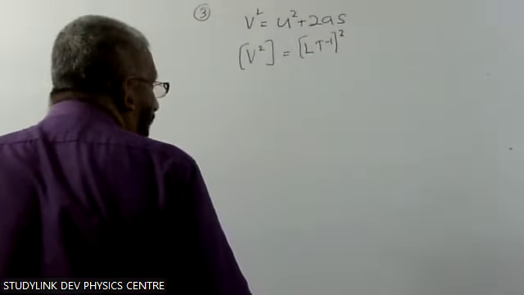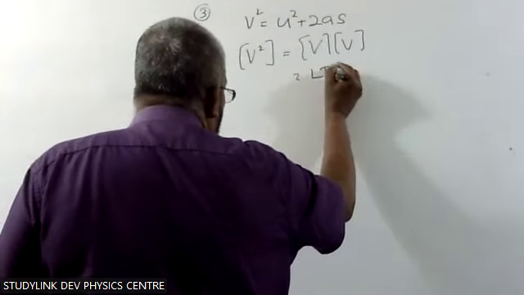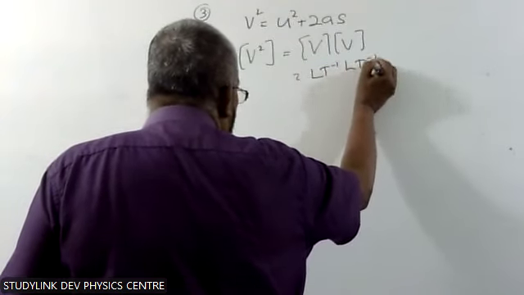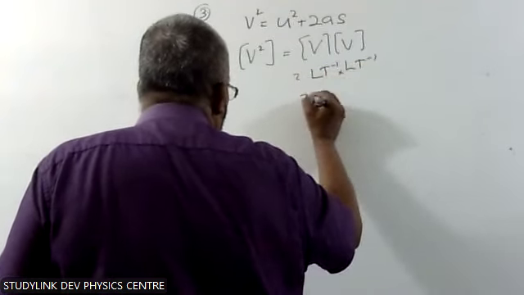That means if you want, you can write like this also. Dimensions of v into dimensions of v. Then LT minus 1 into LT minus 1, L squared T minus 2.